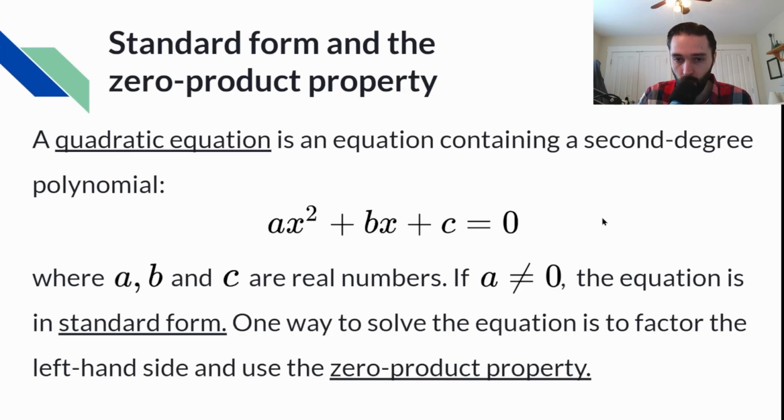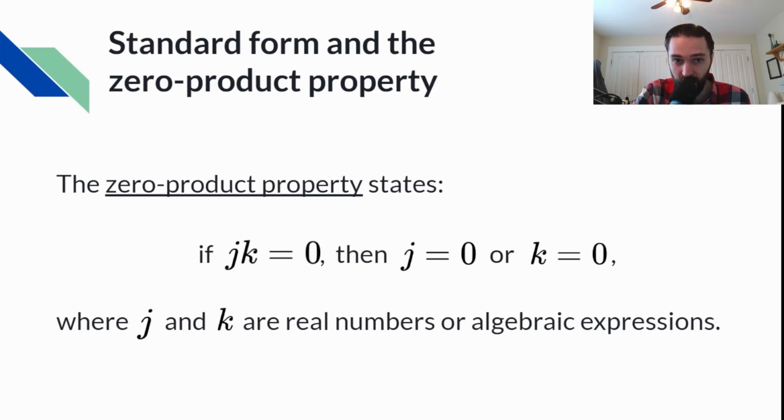One way to solve this type of equation is to factor the left-hand side and use the zero product property. What's the zero product property? I'm glad you asked. The zero product property states that if you have something times something equals 0, say j times k equals 0, then that means that j must equal 0 or k must equal 0, where j and k are real numbers or algebraic expressions.